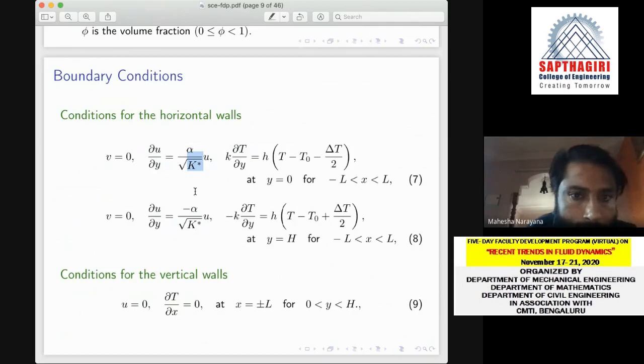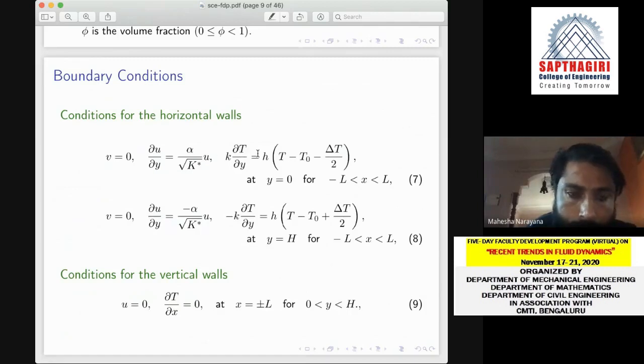And the temperature boundary conditions arise from the third kind boundary conditions due to the exchange of heat between the enclosure and the surroundings.